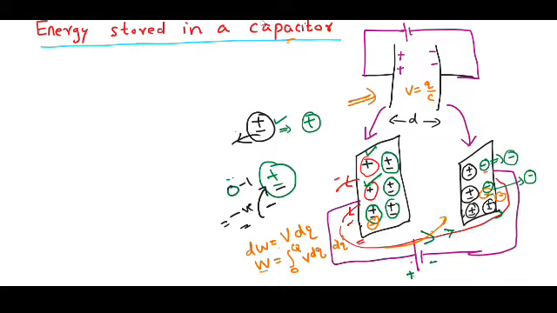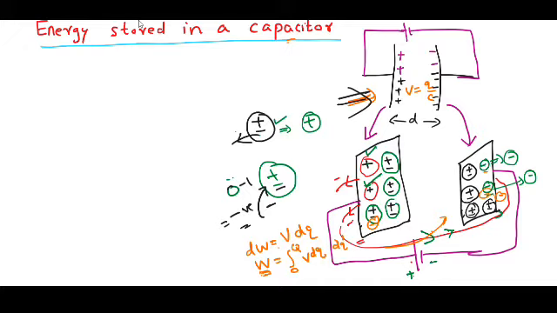The work done by the battery will be stored as energy in the capacitor. After this work is done, this plate will be positively charged and this plate will be negatively charged. This is the action of charging a capacitor.